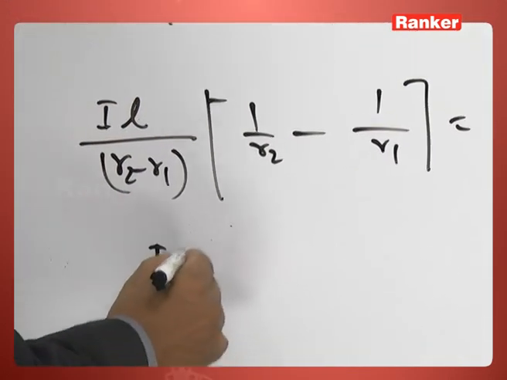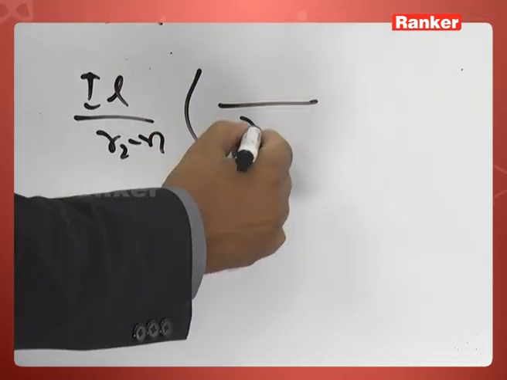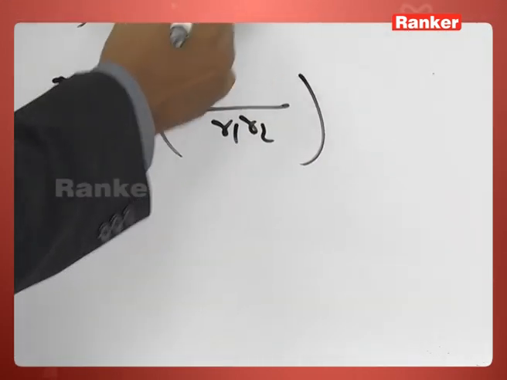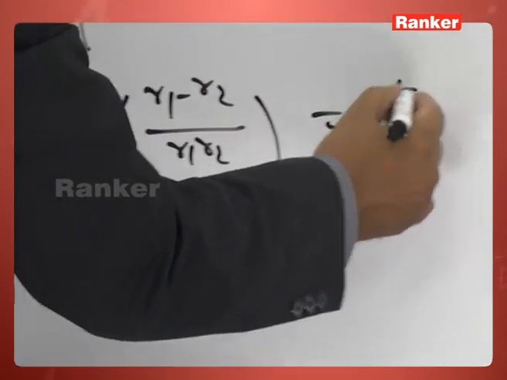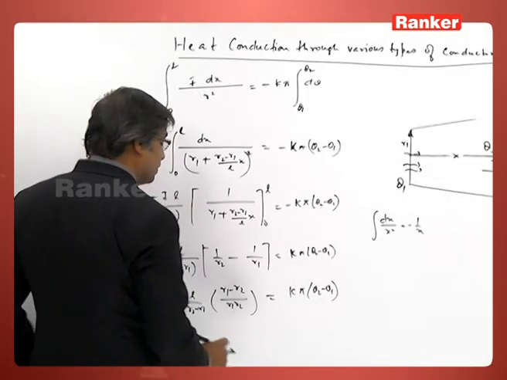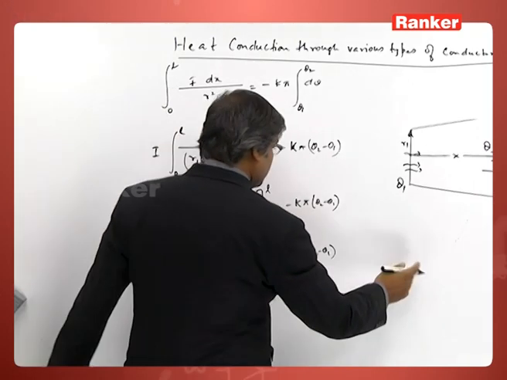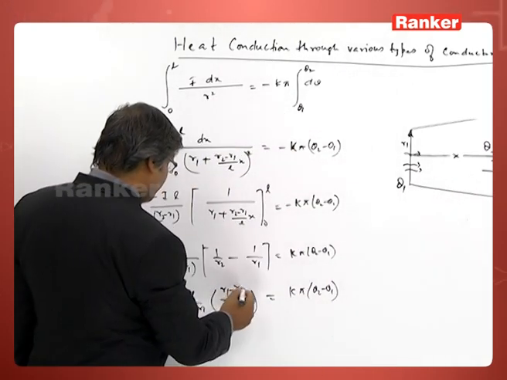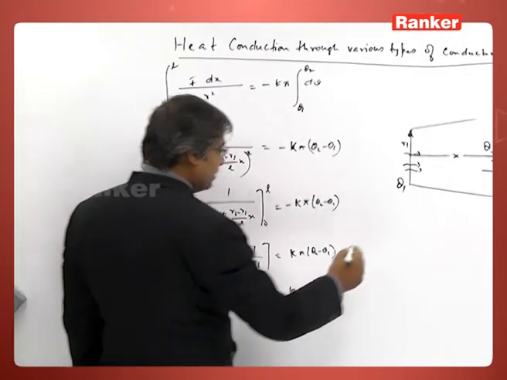Now, here I L by (R2 minus R1), then this is R1 R2, then this is again (R1 minus R2), equal to k pi (theta 2 minus theta 1). So, I want my heat current I. You can see again this R1 minus R2 and R2 minus R1 get cancelled, but there is one minus.